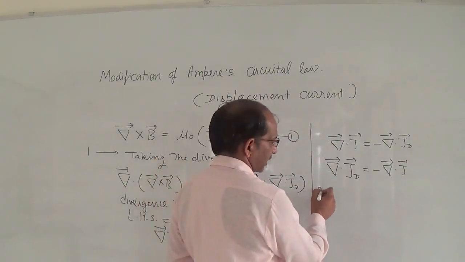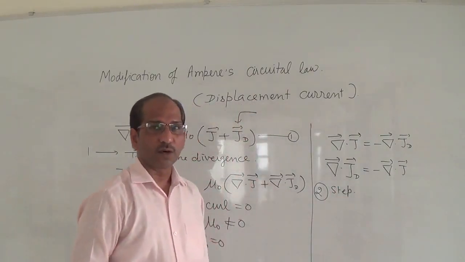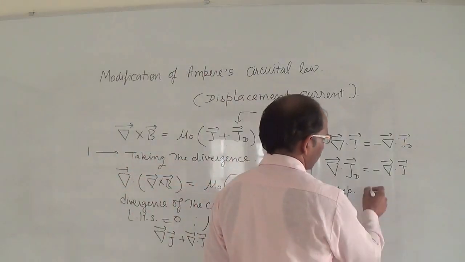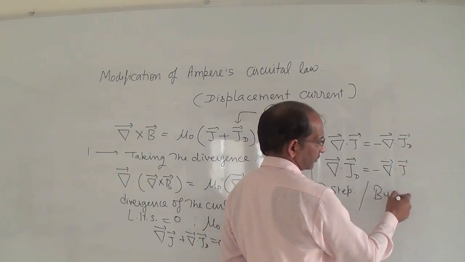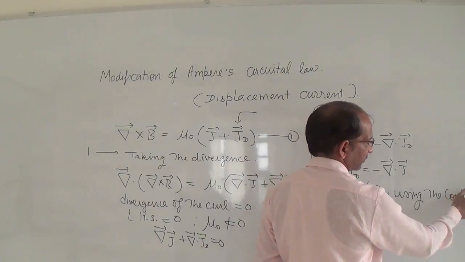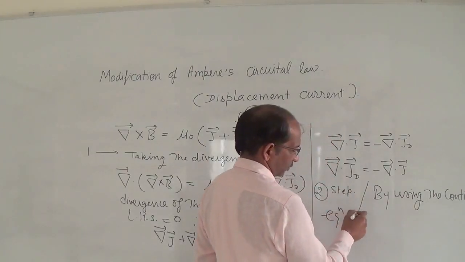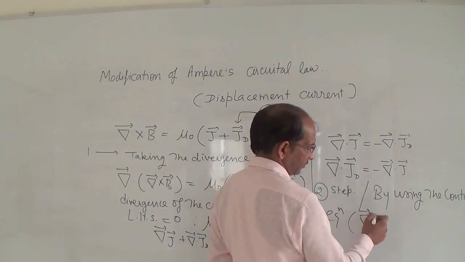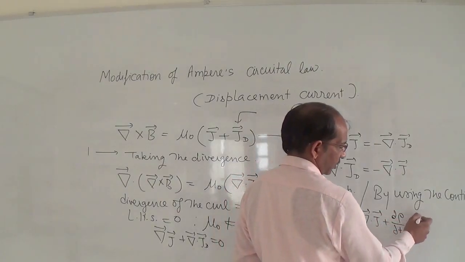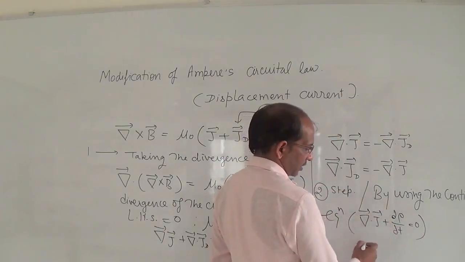So now is the second step, and at this particular step I am putting the value from the continuity equation into the right hand side. So by using the continuity equation, which is del dot J plus d rho upon dt is equal to 0, so del dot J is equal to minus d rho upon dt.